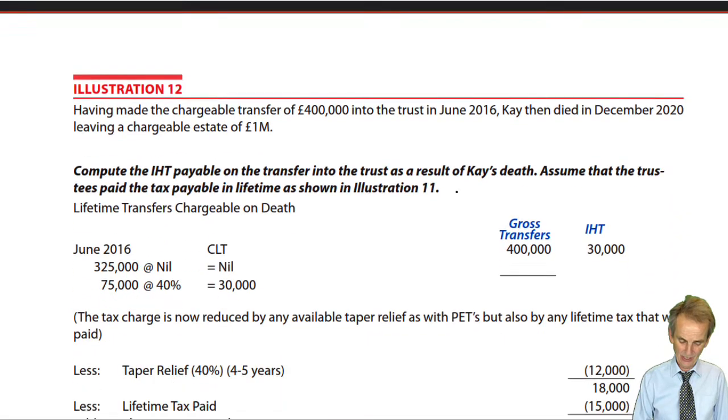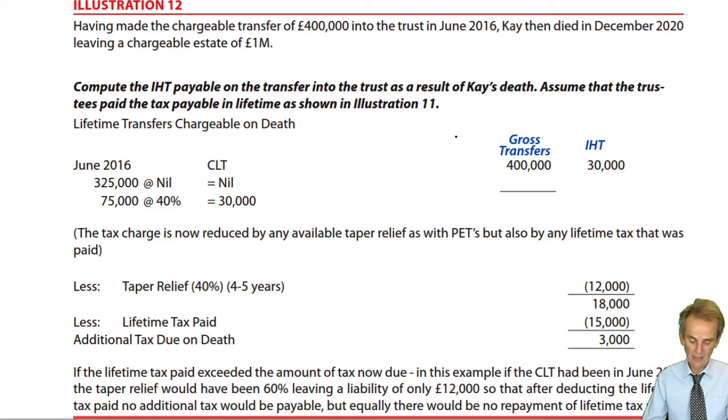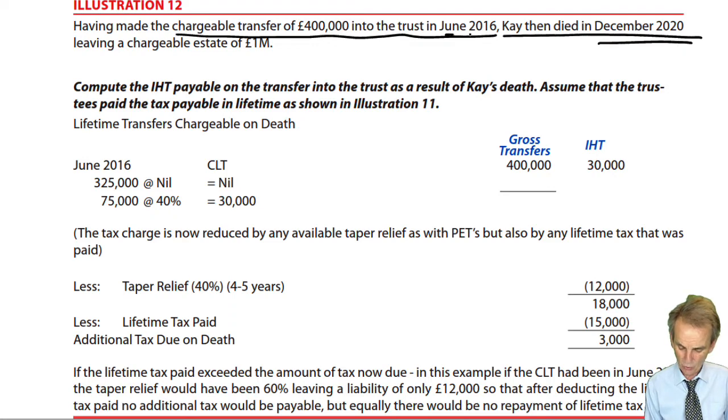And that takes us to the last of the illustrations that we'll include within this particular lecture, illustration 12. Having made the chargeable transfer of £400,000 into the trust in June 16, Kay then died in December 20. June 16, December 20.